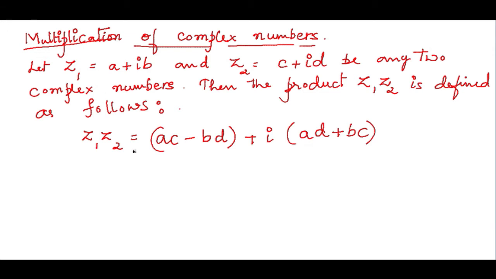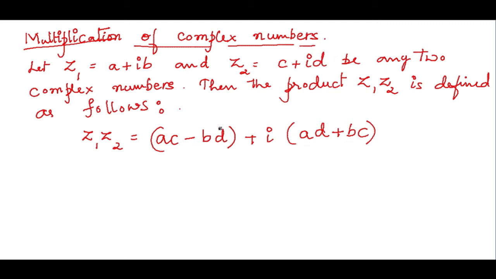Z1 Z2 can be calculated using this standard result, which is A into C, the real part of Z1 into the real part of Z2, minus the imaginary part of Z1 into the imaginary part of Z2, that is B into D.